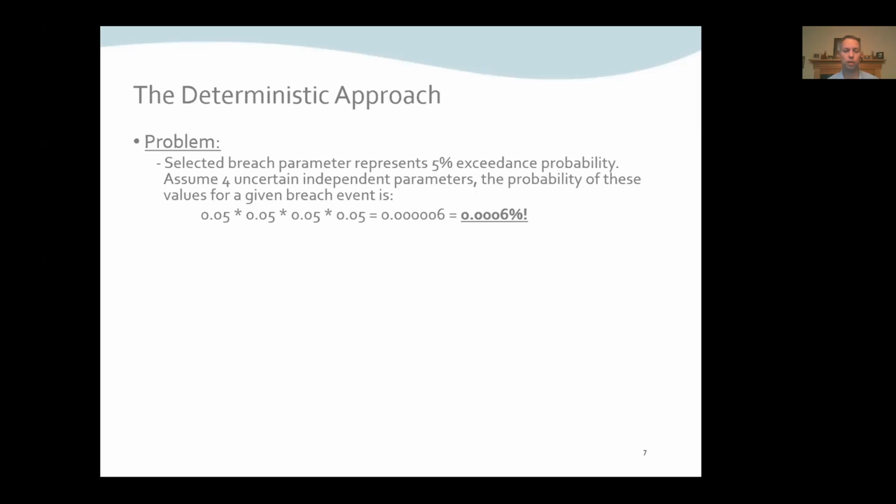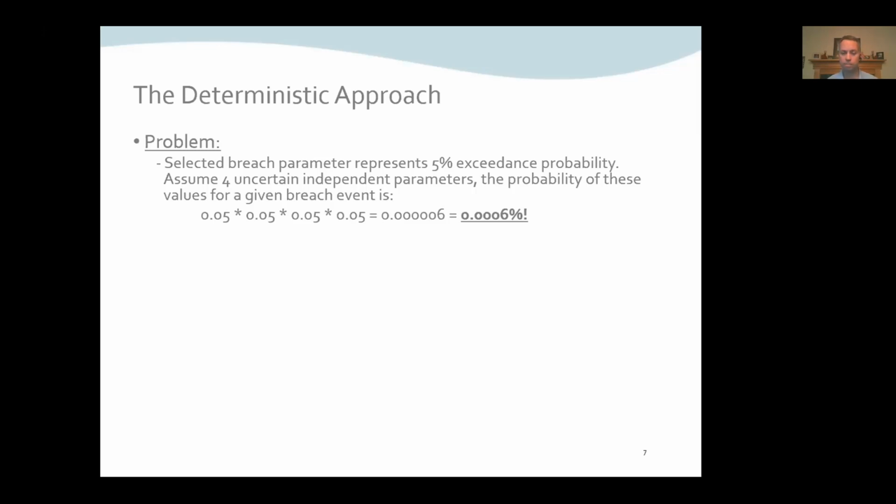Well, if you use that on all 4 of the parameters, that gives you a combined or collective probability of 0.0006%. And that's what we are presenting, something that is extremely unlikely to happen.